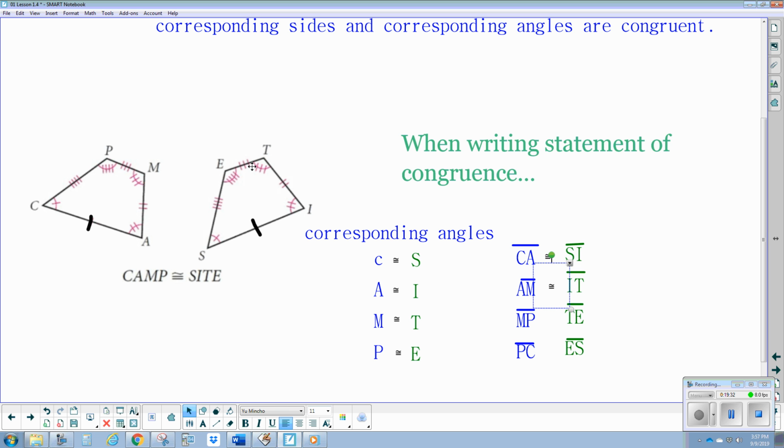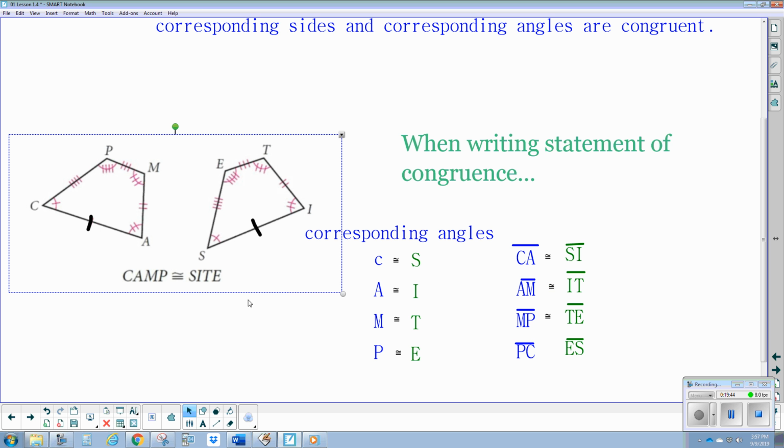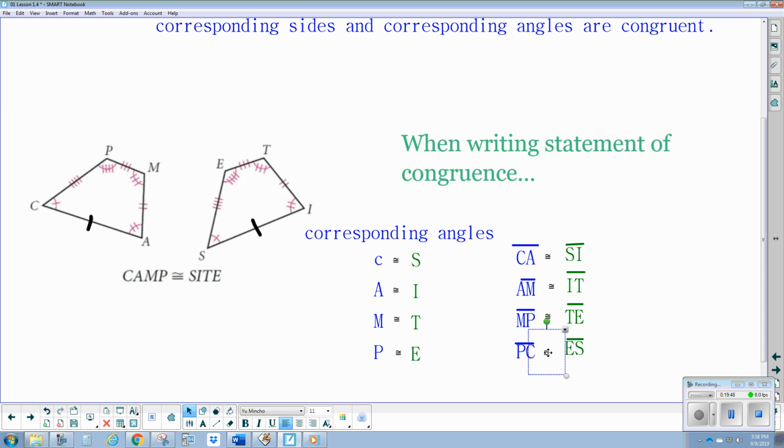TE and MP both have three tick marks. That means they're congruent. And then lastly, PC and ES both have four tick marks, meaning they are congruent. So we know that CAMP is congruent to SITE because all corresponding angles and all corresponding sides are congruent.